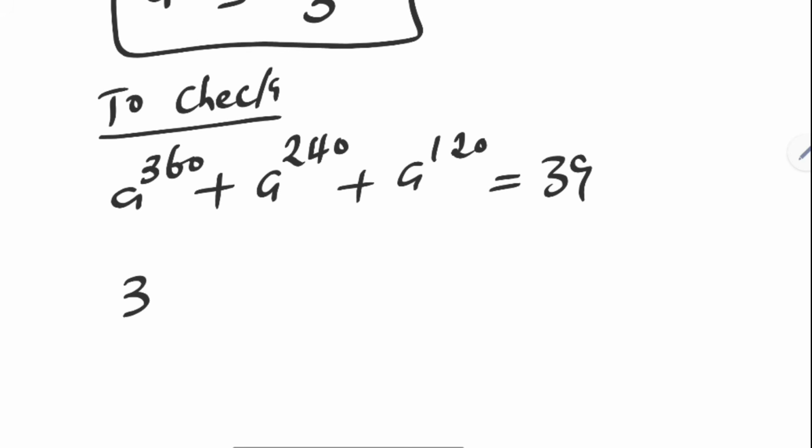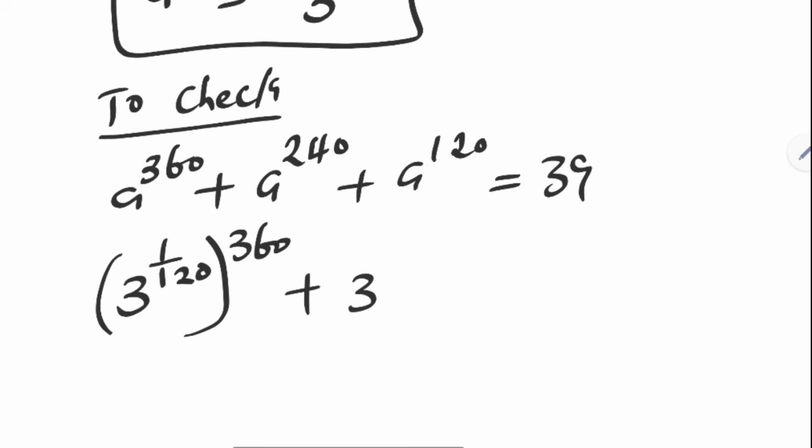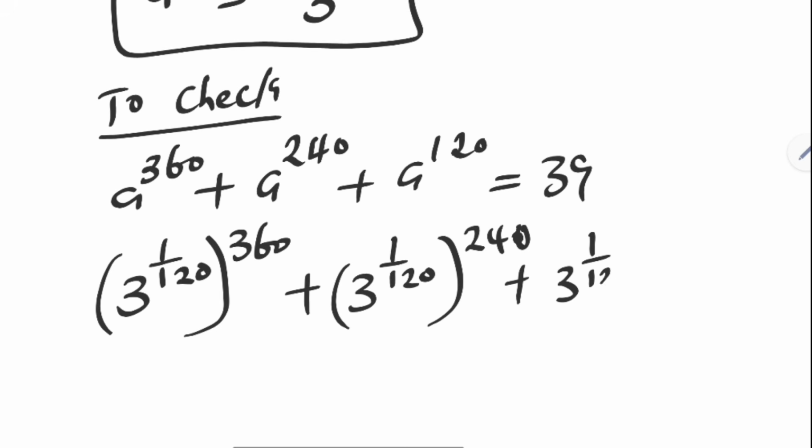This is 3 raised to power 1 over 120 to the power of 360 plus 3 raised to power 1 over 120 to the power of 240 plus 3 raised to power 1 over 120 to the power of 120 must be equal to 39.